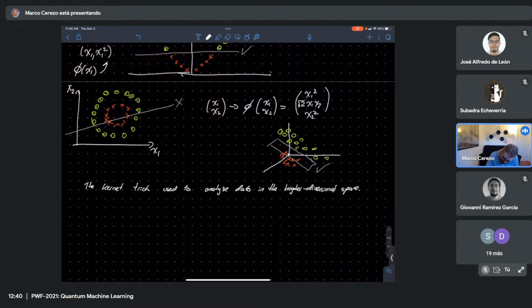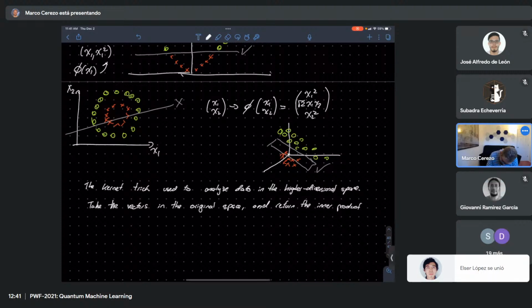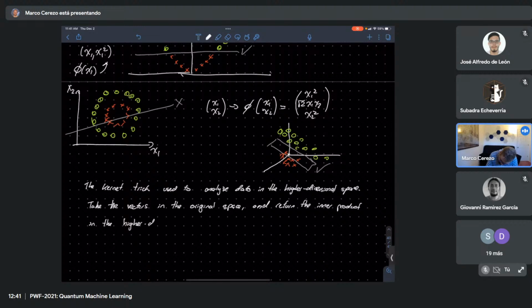So the kernel trick is taking the vectors from the original space, right, and returning the inner product in the higher dimensional space. And that's all the information. It's been shown that that's all the information we need to find the decision boundary, right?